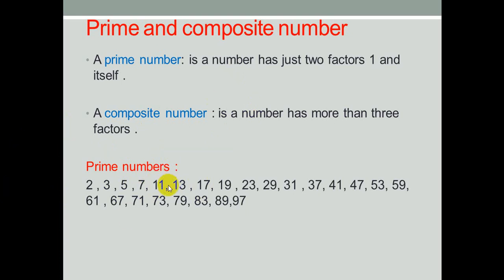Yes, 11. 12, no. 13 is a prime. 14, no. 15, no: 1 times 15 and 3 times 5. 16, no. 17, 19, 23, 29, 31, 37, 41, 47, 53, 59. Okay, these are prime numbers.